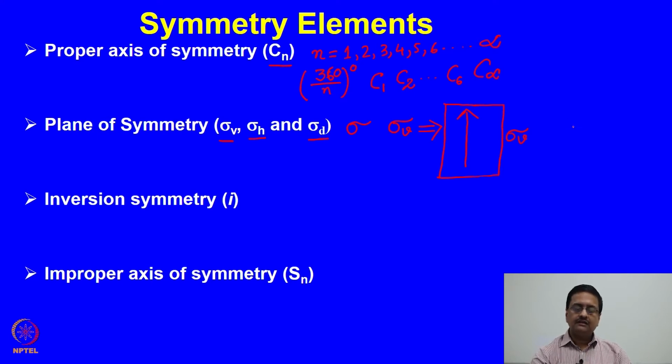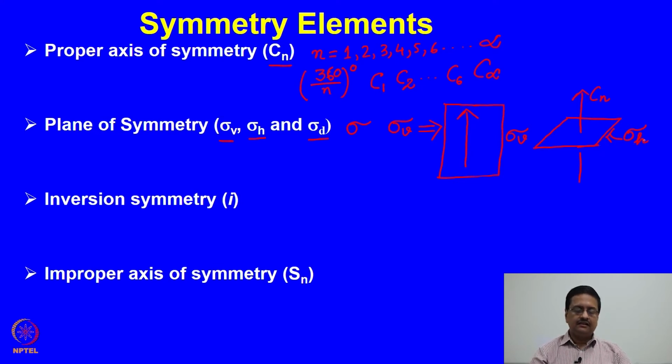But if we are talking about a plane which is perpendicular to the plane of this board and is actually perpendicular to this axis, which is a Cn axis, then this particular mirror plane which is perpendicular to the Cn axis is called sigma h.